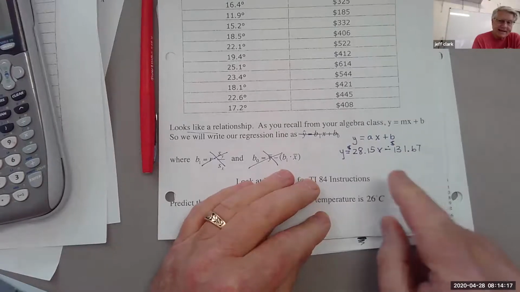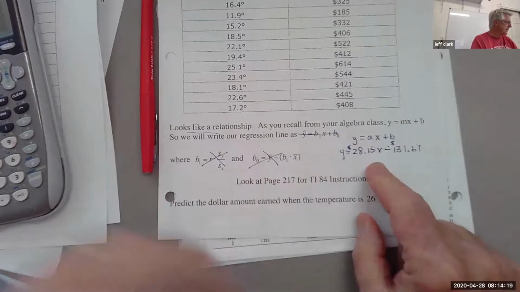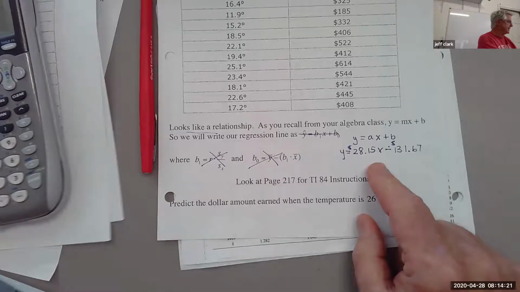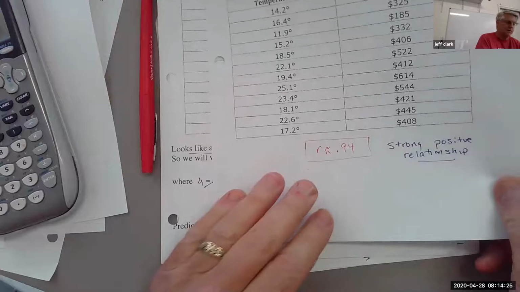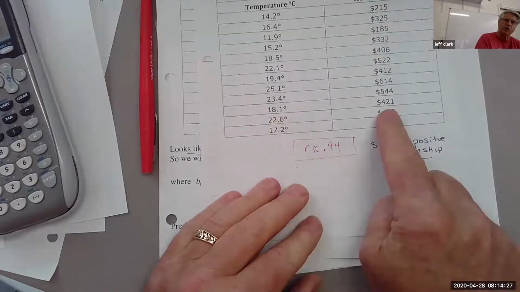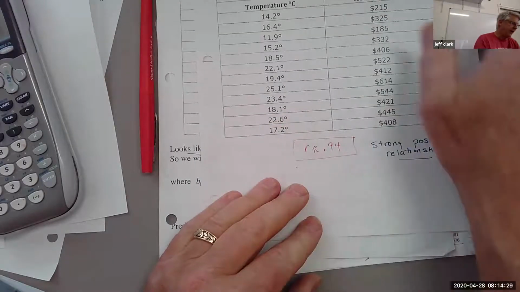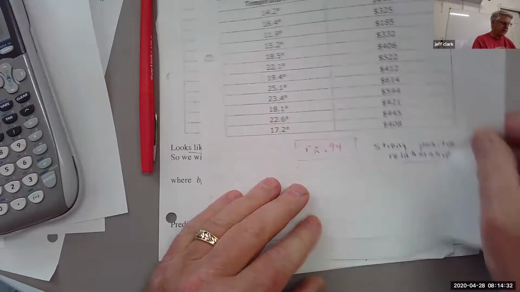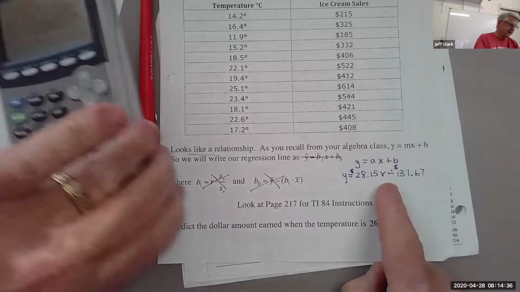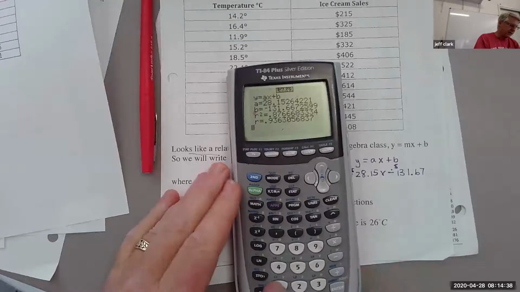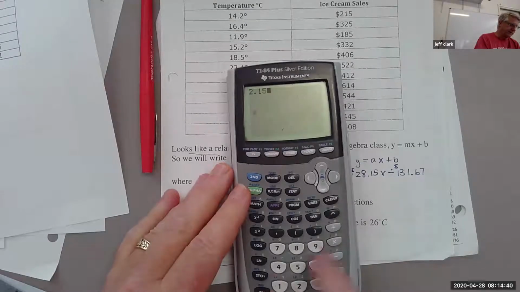What was it? 18 degrees Celsius back over here, about 18. One of them was 18.1. Should have about 421 bucks. If you put 18.1 into this equation right here, 18.1. So if I go 28.15 times 18.1. So again, what am I doing?